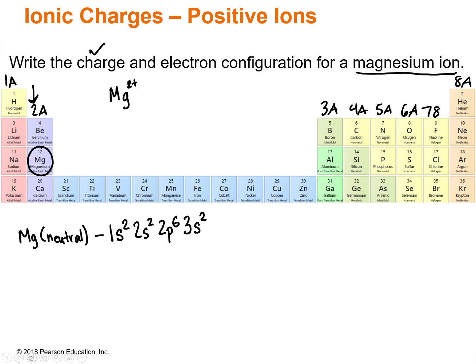We said that the outermost electrons are the valence electrons. So when magnesium forms an ion, it's going to lose those.